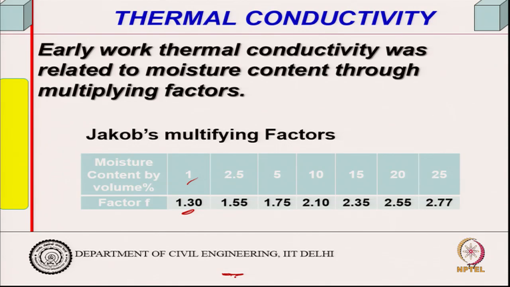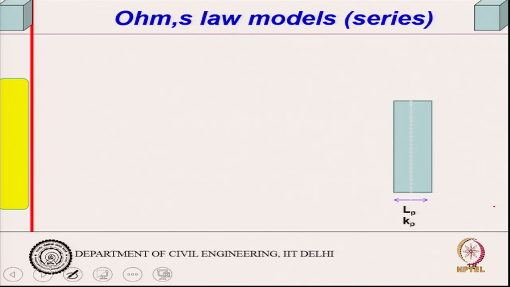Volumetric moisture content means the volume of moisture divided by the bulk volume of the porous material, not mass basis. So if you know the dry conductivity, you can multiply by this factor.